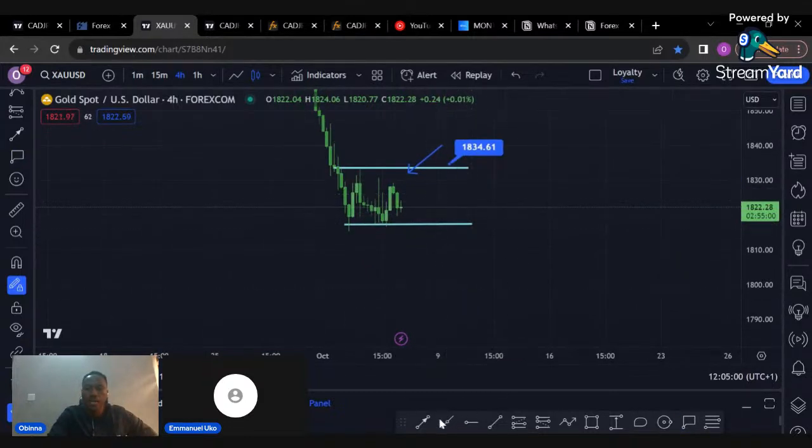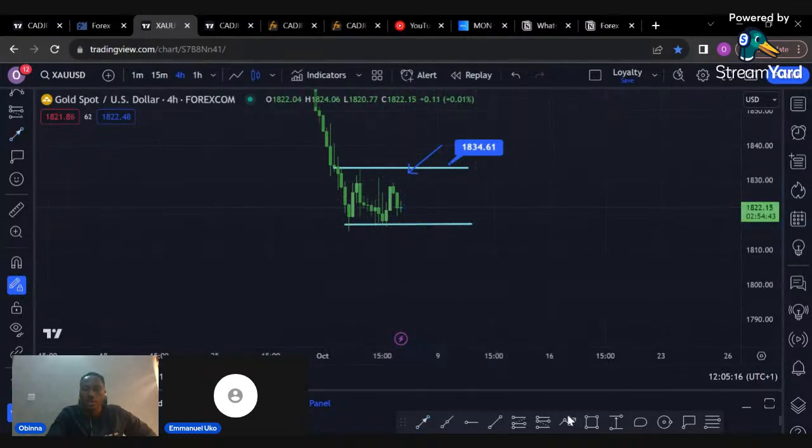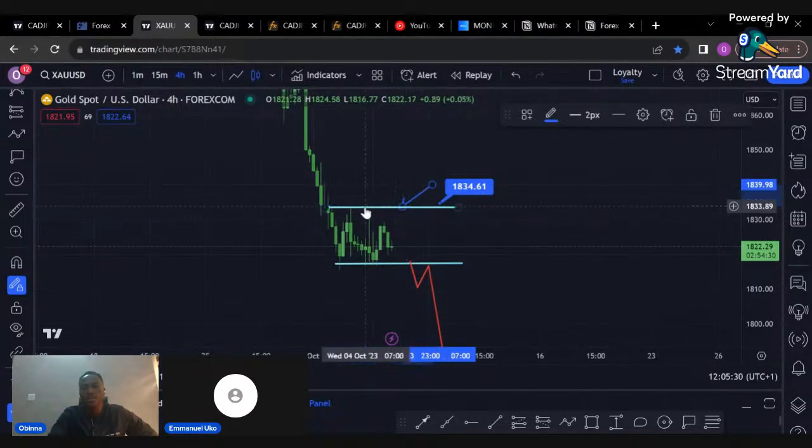Can you buy at this place here? Yes, you can buy, but I'll just say it's always good to go with the trend. You don't want to be taking ranging market conditions. So if possible, what you want to do is wait for price to break out of this range, retest this place to continue going down, or you want to see price come back to this place, fail to break this key level, this lower high, then look for sales.